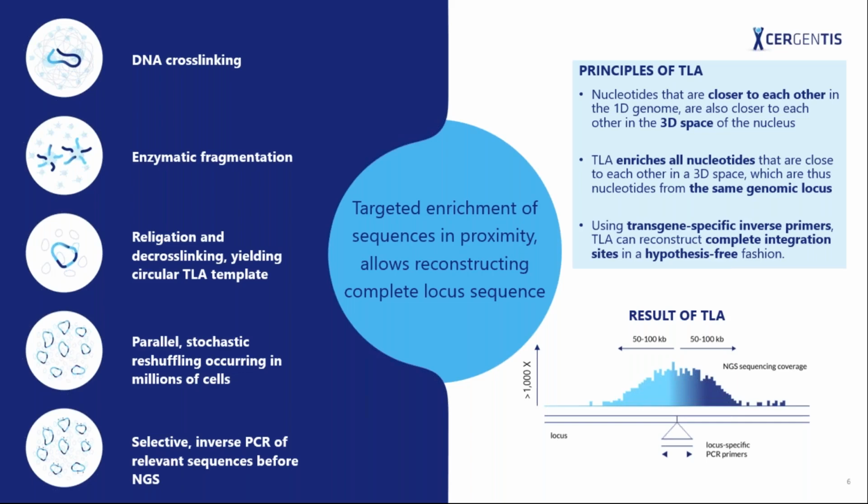And the result of the TLA sequencing data is the characteristic coverage profile you see in the bottom right picture, which has a significantly higher coverage than traditional sequencing methods such as whole genome sequencing, and also specifically generates a very high quality coverage profile on the transgene.